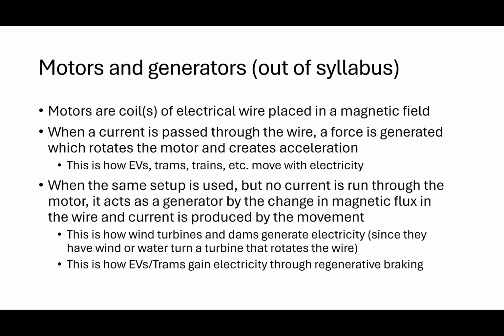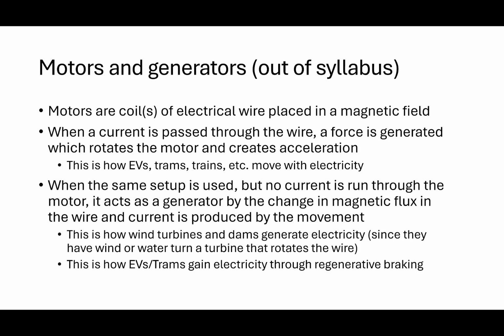The change in flux will induce a voltage, and that induced voltage will generate a current, which is electricity. And that's how electricity generation works, by wind, by water, by coal plants and nuclear plants. They generate steam to turn the turbines.